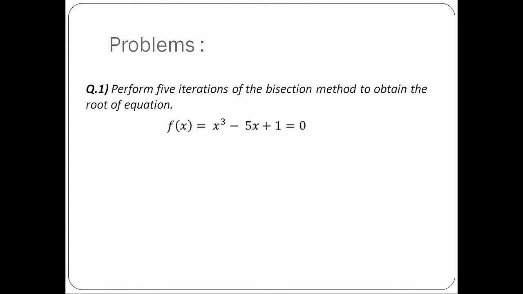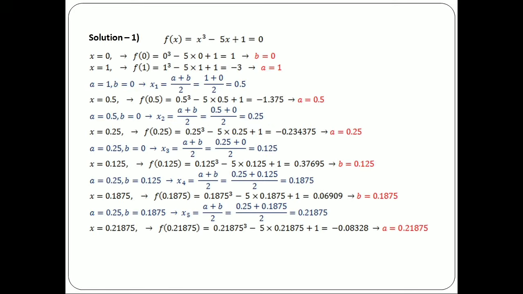Okay, that is the suggestion. So now we are going for the solution part here, right? So let's check what the actual solution is. See, the first part is getting the values of a and b, that is the approximation roots, the bracketing solution. So we need to give random values, like I have given here 0, 1; you can go for 2, 3, 4, 5, whatever, 0.1, 0.5, whatever, right? So according to that, I got f of 0 as 1, f of 1 as minus 3.